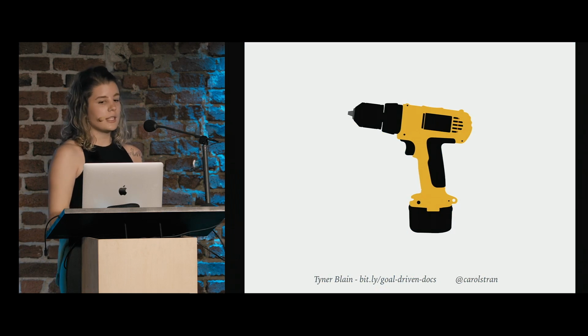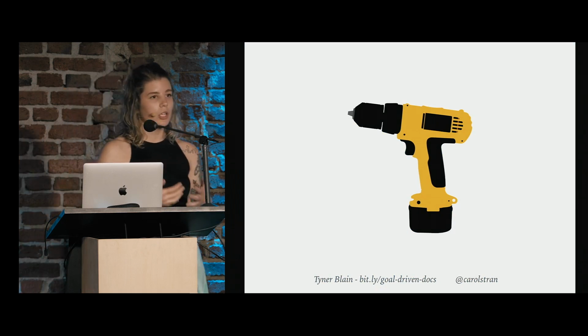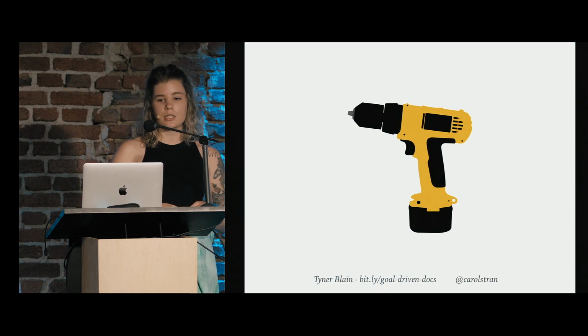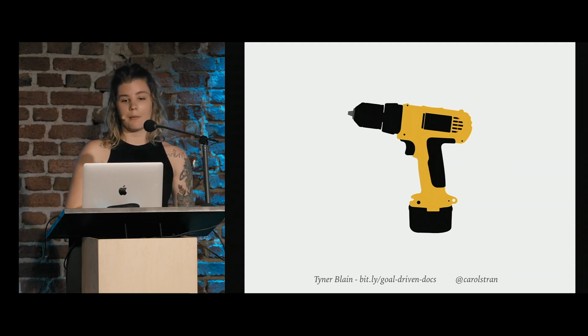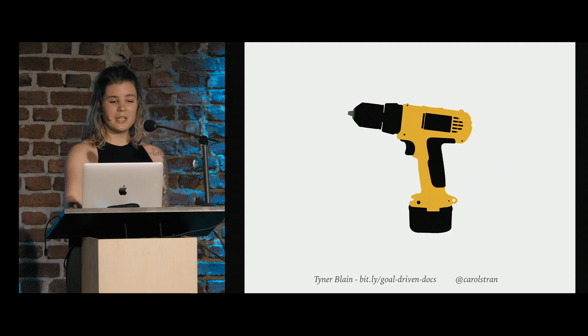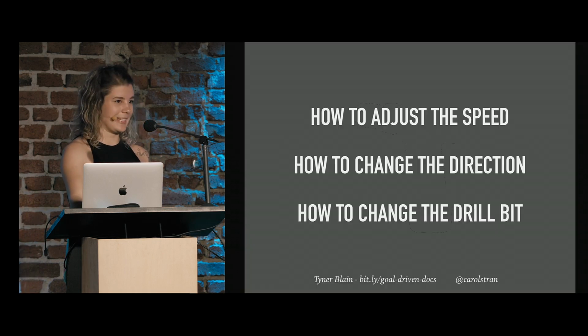And to illustrate this, and why having learning and goal-centric documentation is essential, Tyner Blaine uses the example of a power drill. So if we were to document this drill the same way that most document software, we'd end up with something like this.